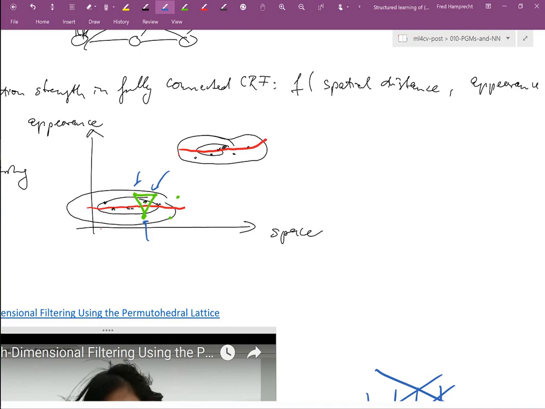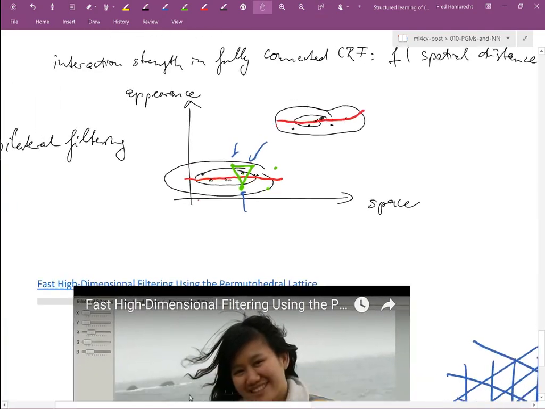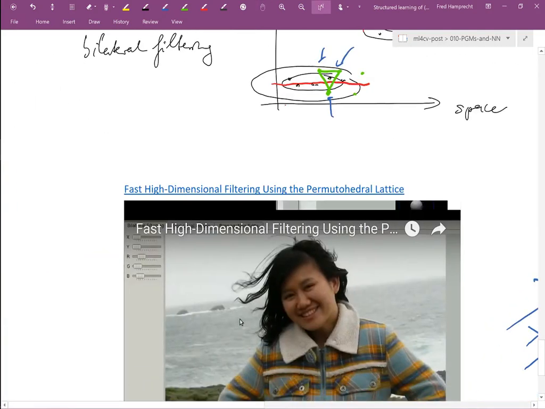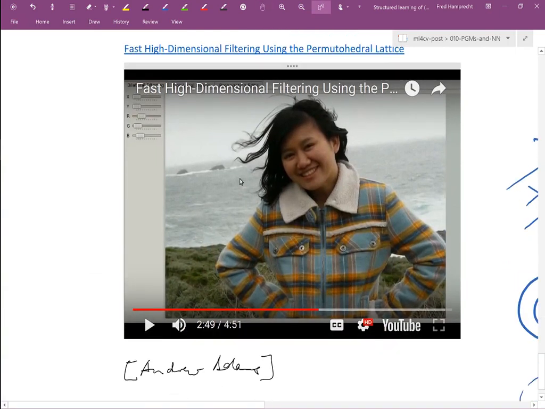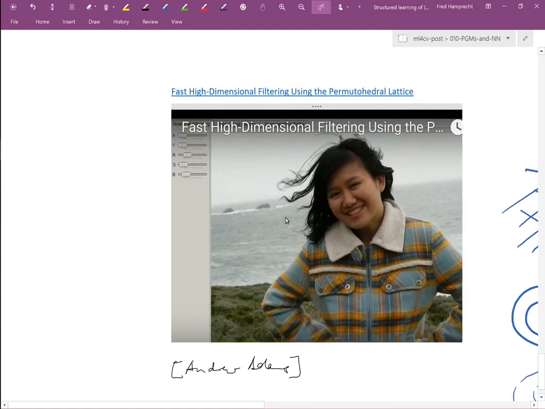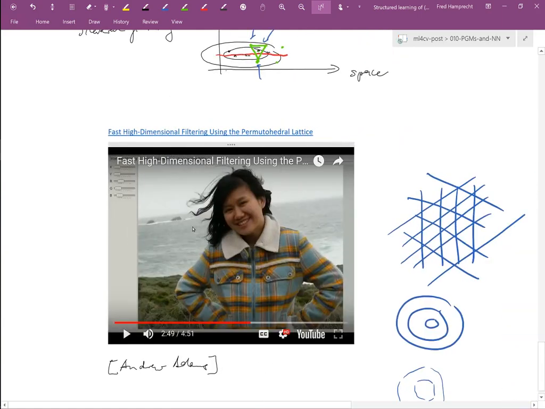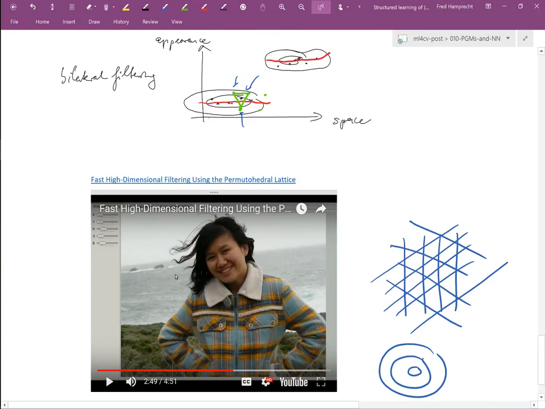So this is called slicing in their language. And this is a very nice paper by Adams. And they have studied in detail in which regimes this is more efficient than alternative approaches that they and others have been working on before. And like I said, dimensions up to 8, this is a very efficient thing to do.